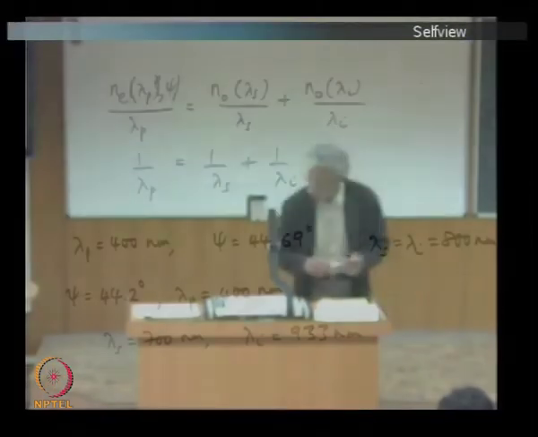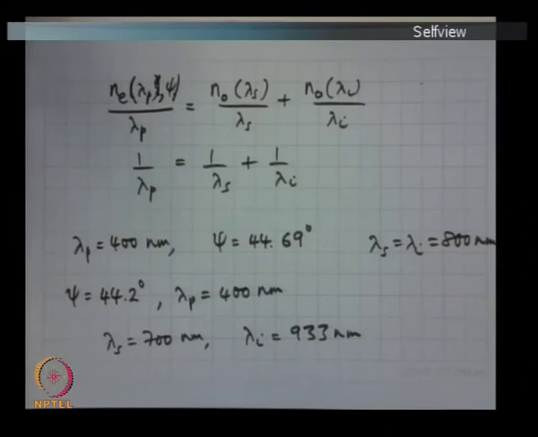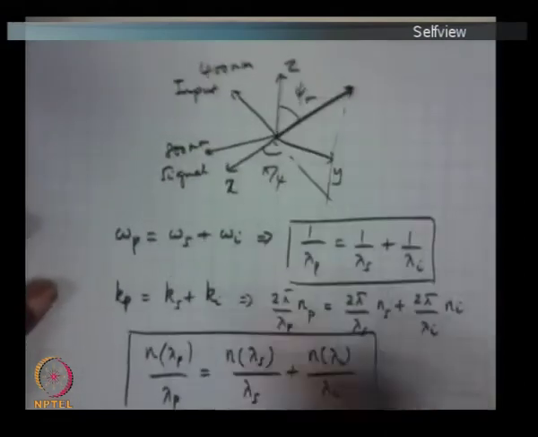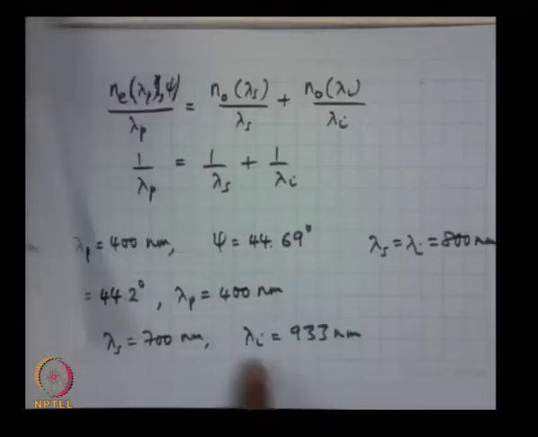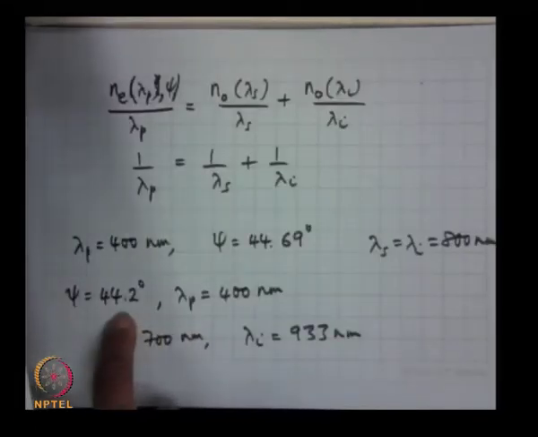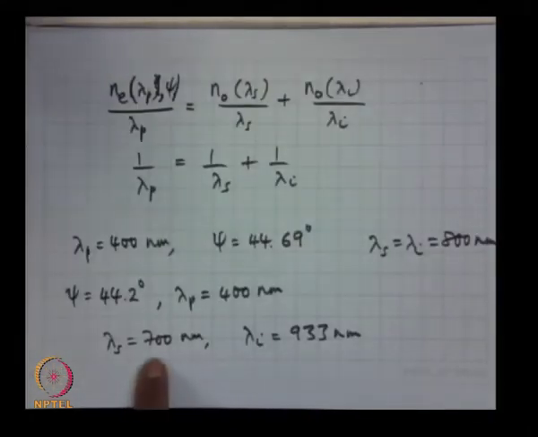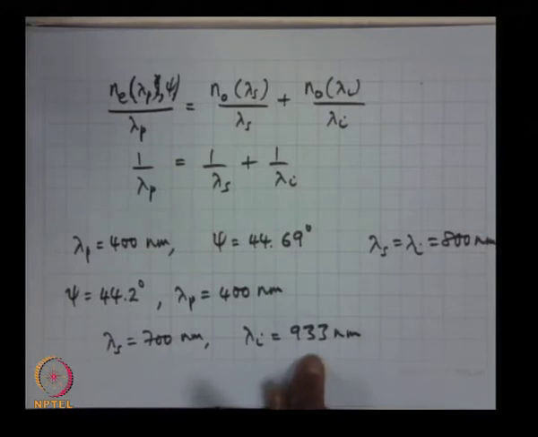So what does it mean? If I take this KDP crystal and launch 400 nanometer wavelength at 44.2 degrees, I will generate a signal photon at 700 nanometers and an idler photon at 933 nanometers, which is spontaneous fluorescence or parametric fluorescence.